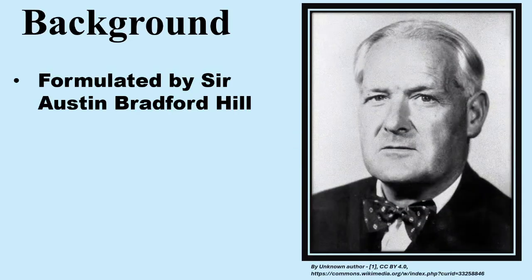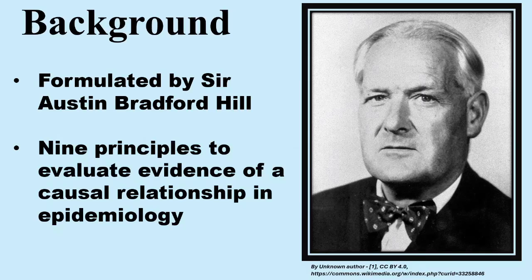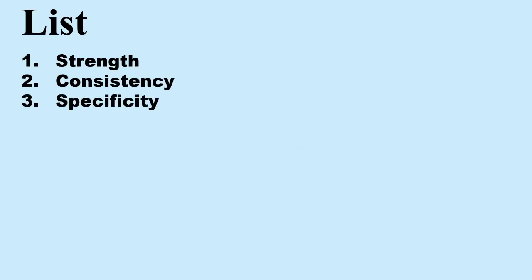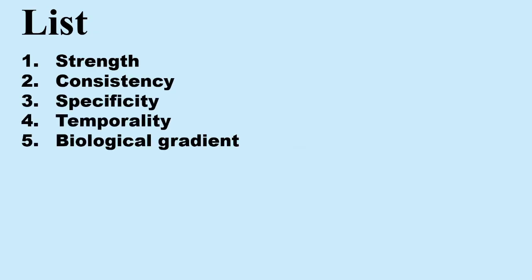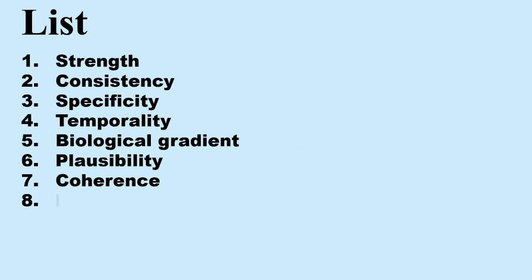So a bit of background. The Bradford Hill Criteria were formulated by Sir Austin Bradford Hill, a British epidemiologist. And there are essentially 9 principles to evaluate the evidence of a causal relationship in epidemiology. The list goes: strength, consistency, specificity, temporality, biological gradient, plausibility, coherence, experiment, and analogy.